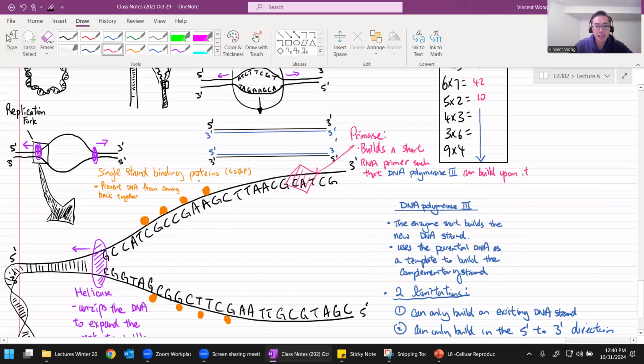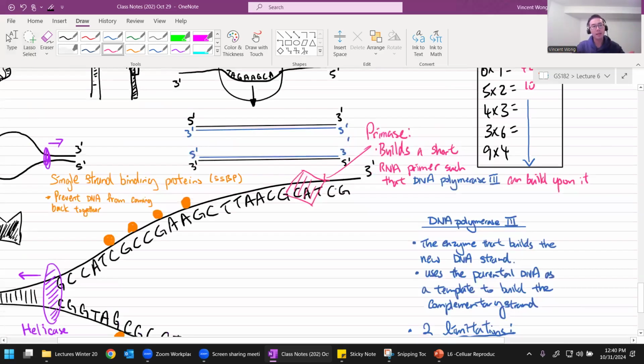So what does that mean exactly? Well, the primase is like me. Right? I'm going to come over. I'm going to do a few examples. All right. So T, what does T pair with? T pairs with A, right? And so that's easy. And then listen carefully. A pairs with T, right? We know A and T go together.